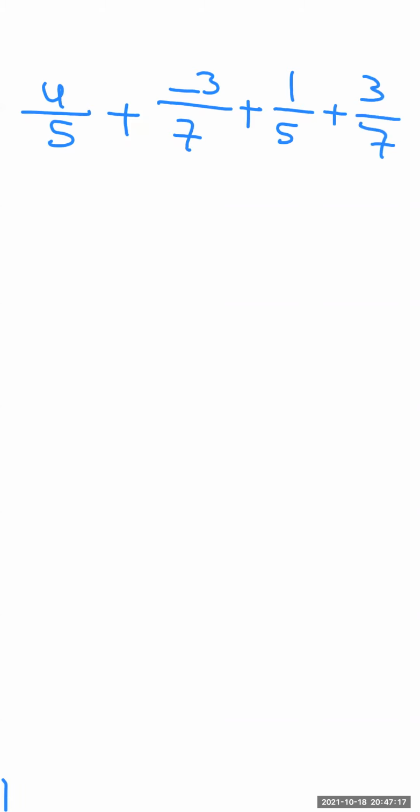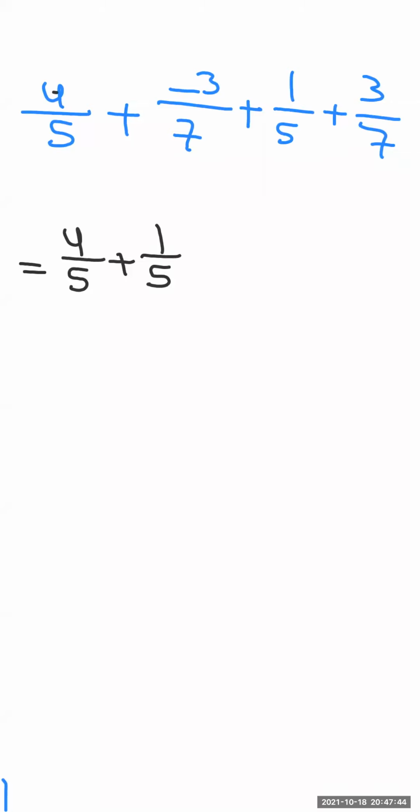First we write 4 over 5 and put 1 over 5 next to it so that they have the same denominator. This will be the solution steps.